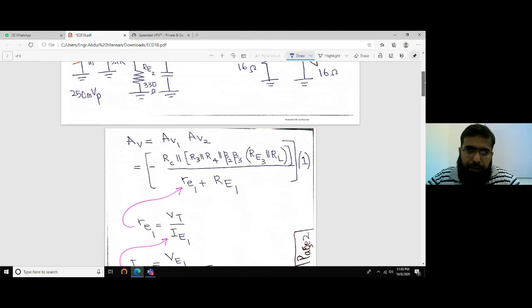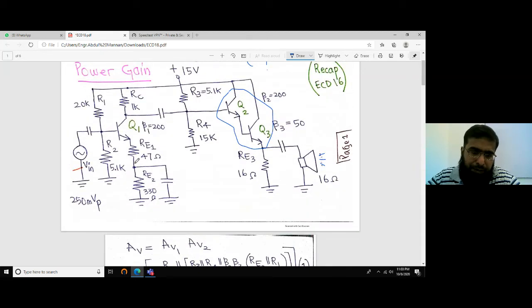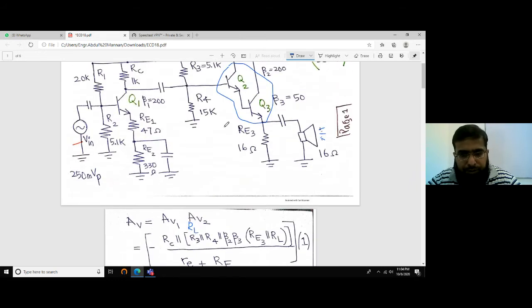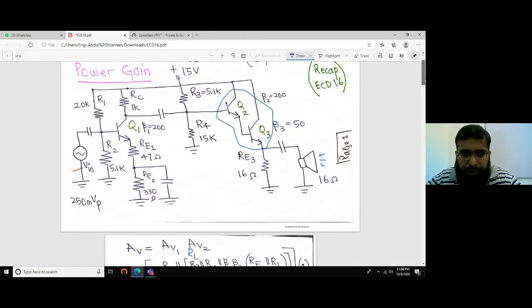The first amplifier is a common emitter amplifier with part of RE not bypassed, RE1. So the formula for gain for a common emitter amplifier is RC in parallel with the load resistor RL, divided by the small re, the junction resistance, plus the portion of RE that is not bypassed by the capacitor, RE1 in this case. And what is RL for this first amplifier? That's really interesting.